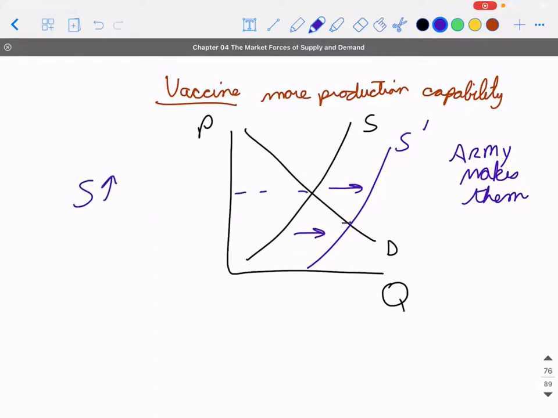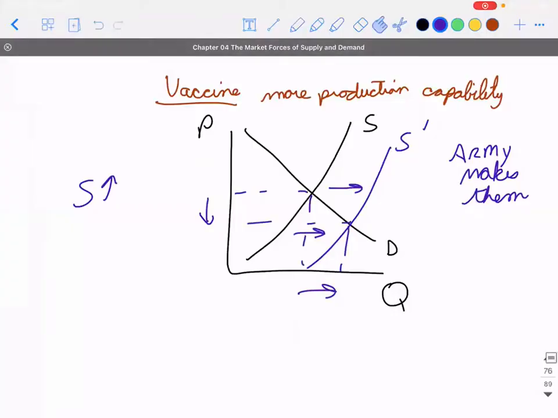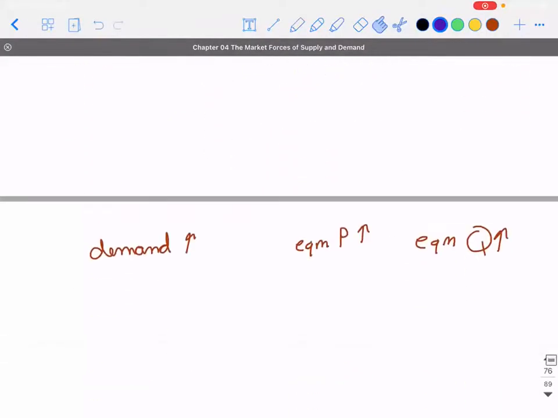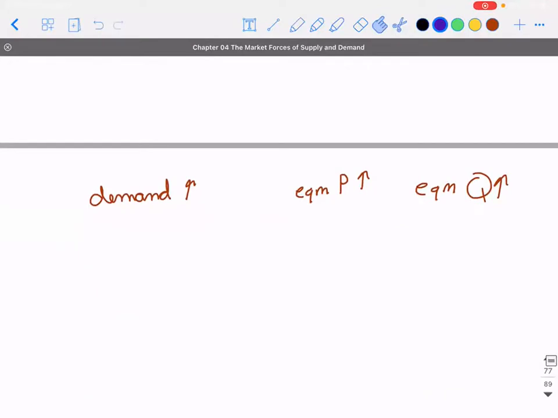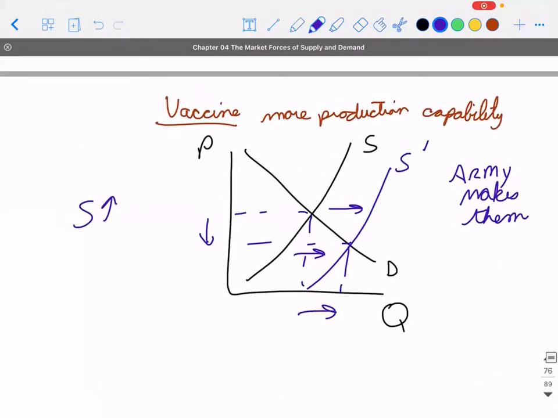And what we're going to see here is that the price will fall and the quantity will rise. So when supply goes up, then equilibrium price falls and equilibrium quantity rises. And we see this right here.